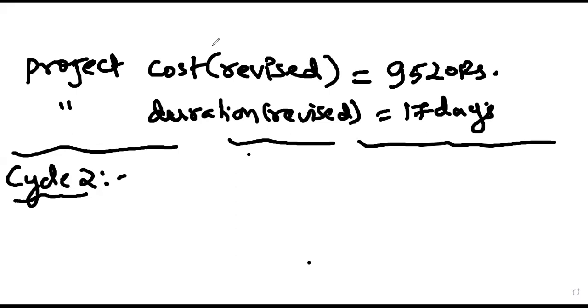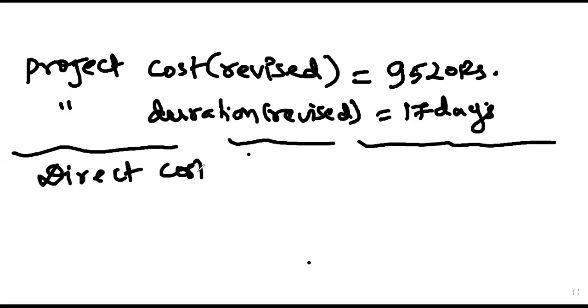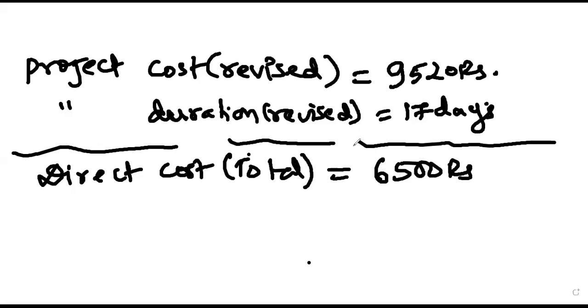And what have we considered for the penalty cost? The penalty cost will be 100 for crossing 17 days. So can you just tell me the total direct cost? Total direct cost is 6,500.